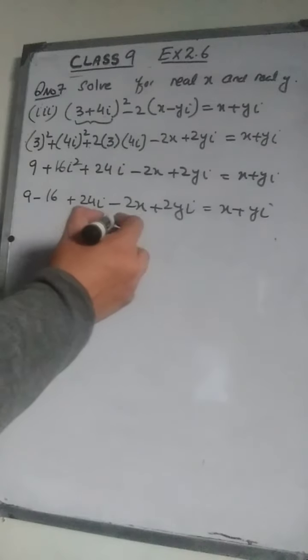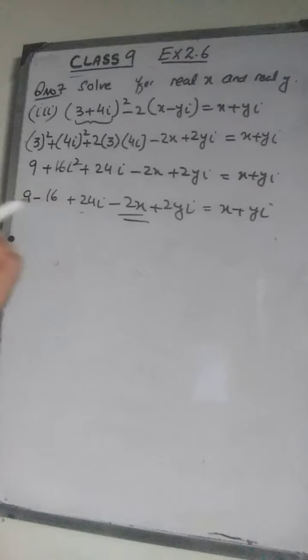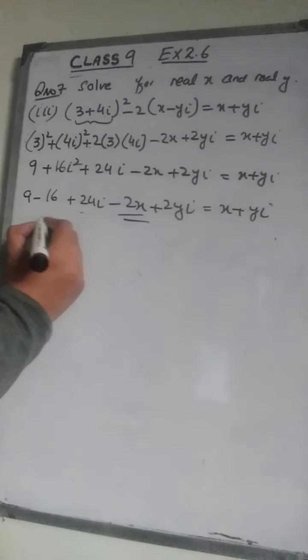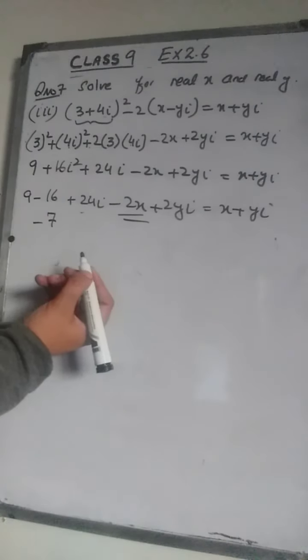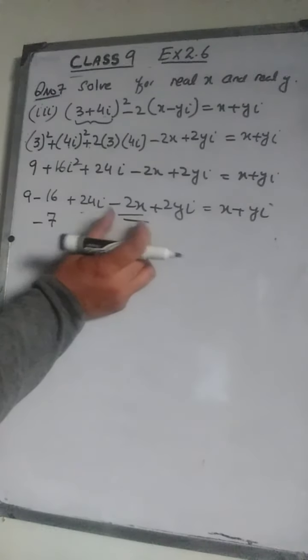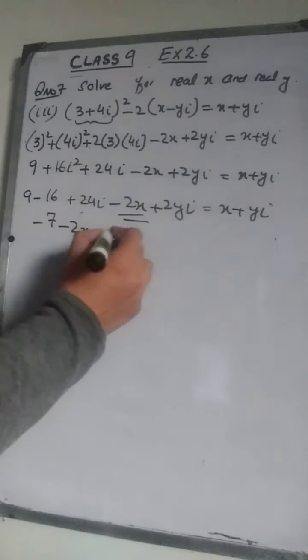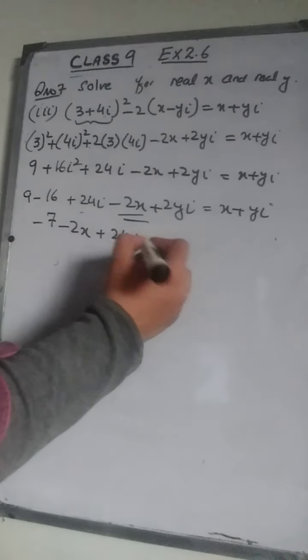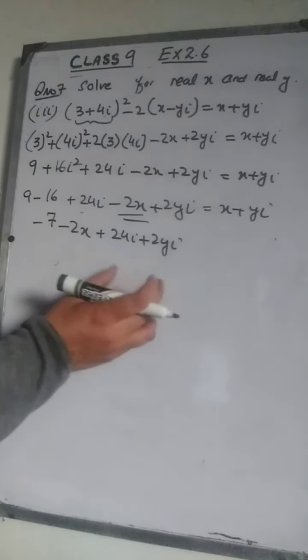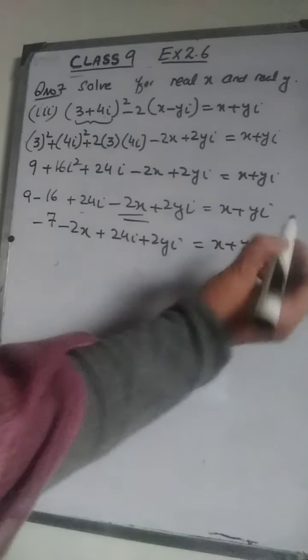So now combining the real parts with the real, 9 minus 16 will be negative 7. We are going to write the real part with this, the ones without iotas, negative 2x, and the ones with iota will be written separately.